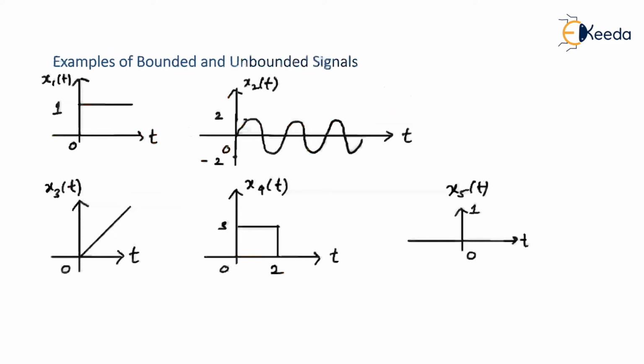For example, look at x1(t). It is a unit step signal, right? Even though it starts at 0 and is a never-ending signal up to t equal to infinity, it is going to remain 1. So my question is, anywhere do you feel that u(t) amplitude is becoming infinity? No. Of course it is an infinite duration signal, but that duration is not important.